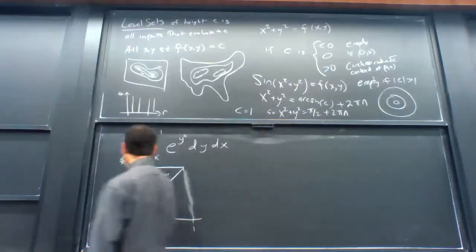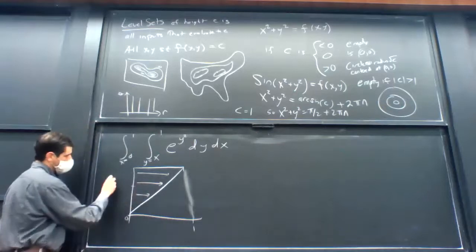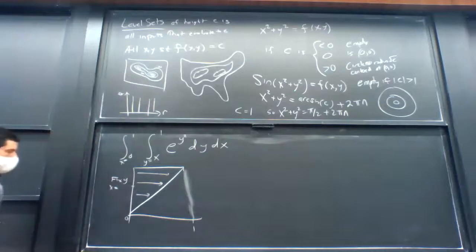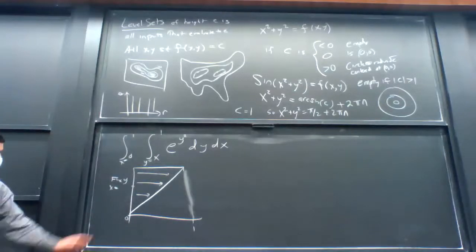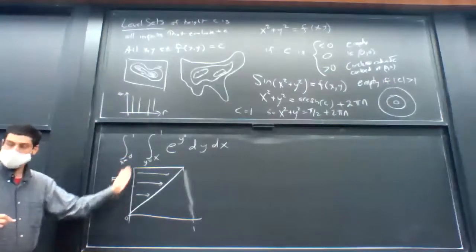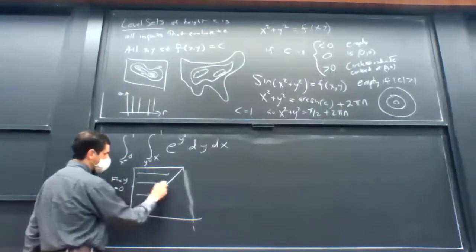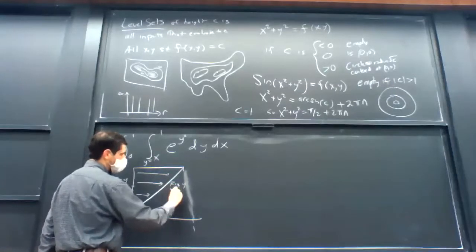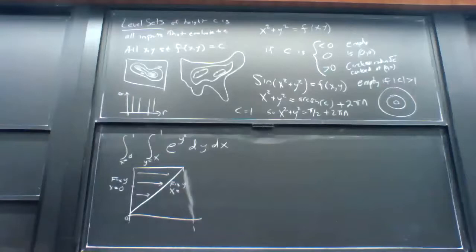So here we're fixing y, and then x equals, when we fix y, what will x be? 0. And now we fixed y, and now what does x equal? y.